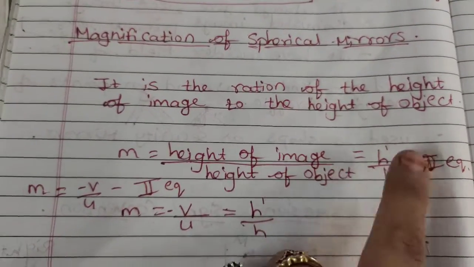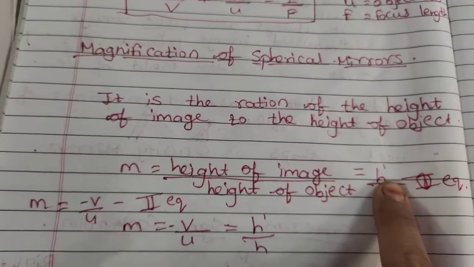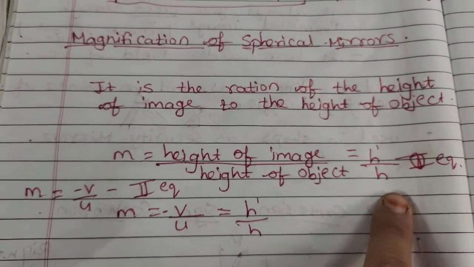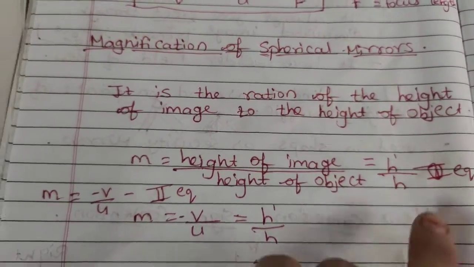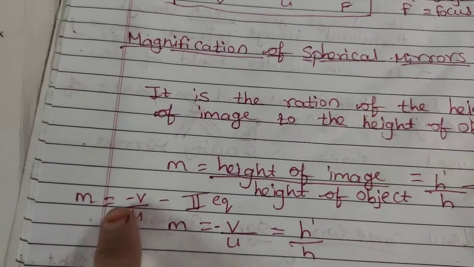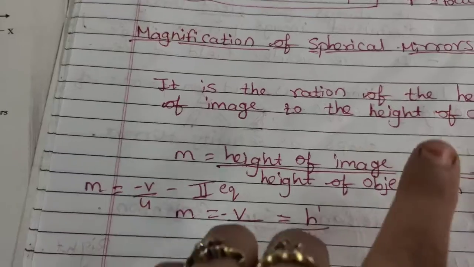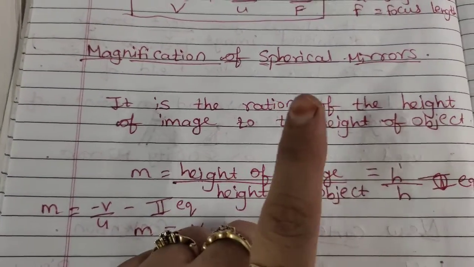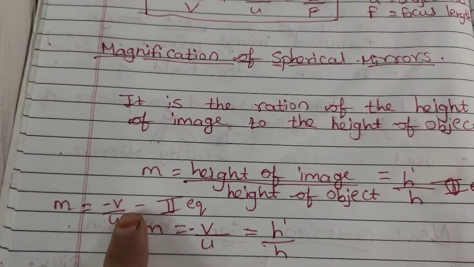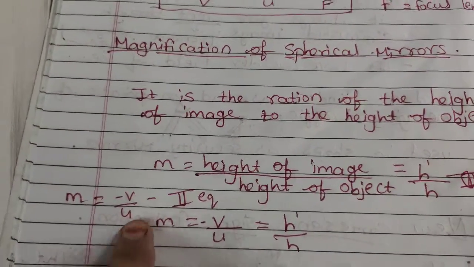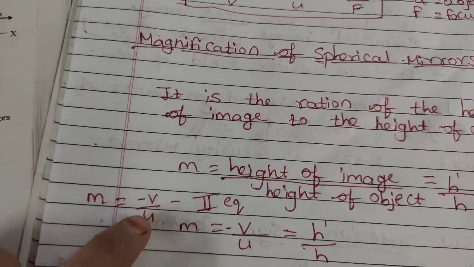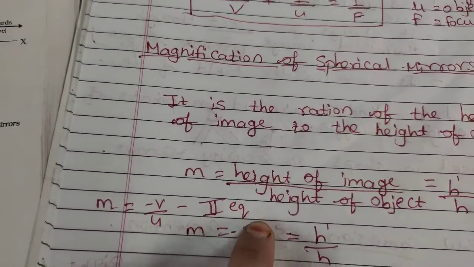The height of the image is shown as h dash and the height of the object as h. This is our first equation. Now we learn about the distance of image and distance of object: M equals minus V upon U. That is our second equation.